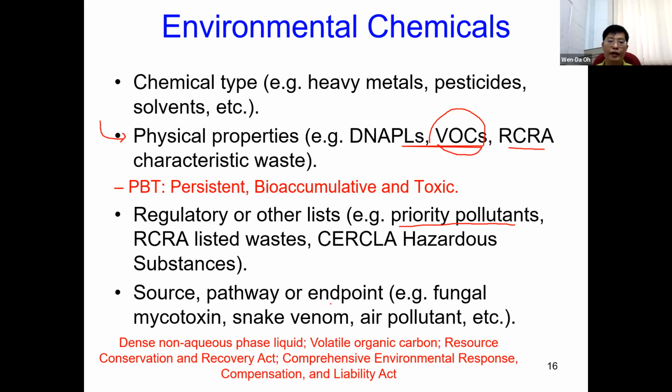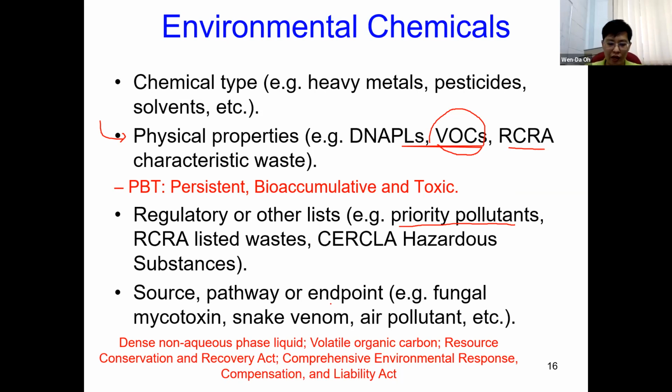So the reason why we have all this kind of classification is because we need to know how to manage it properly, right? So management of heavy metal pollutants is different from management of pesticide pollutants, right? So if we know the class of the chemical, we can manage it to a better extent, right?